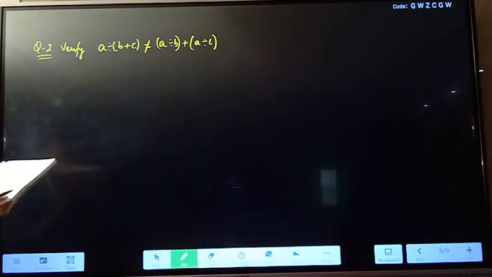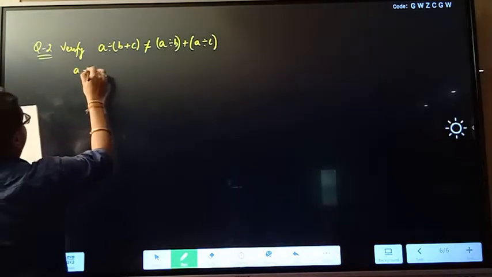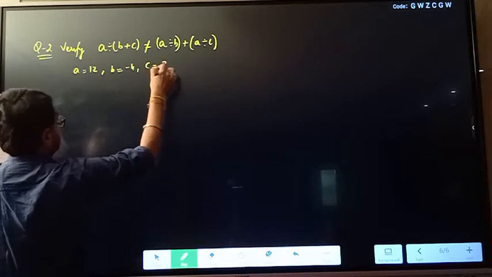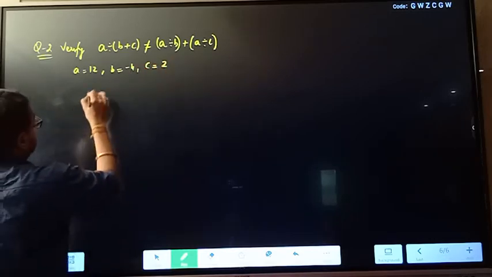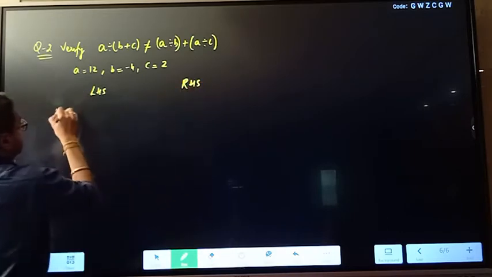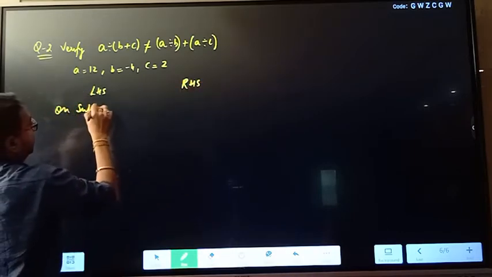Let's see. When A is given as 12, B is given as minus 4, C is given as 2. Substitute. First of all, you know the rule, LHS, RHS. On substituting the values, that's very, very important.